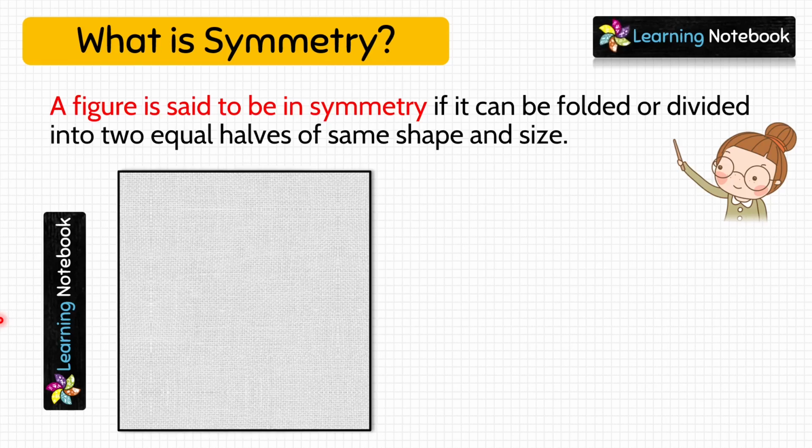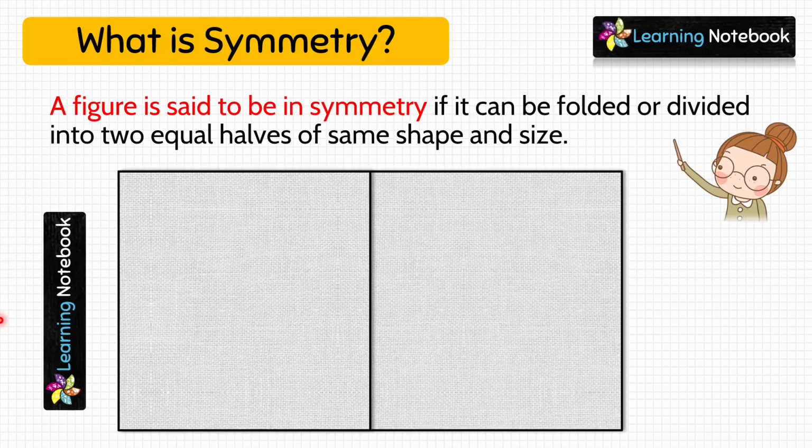Now, open this page and you will notice that both the halves are of equal shape and size. This is called symmetry. A figure is said to be in symmetry if it can be folded or divided into two equal halves of same shape and size.